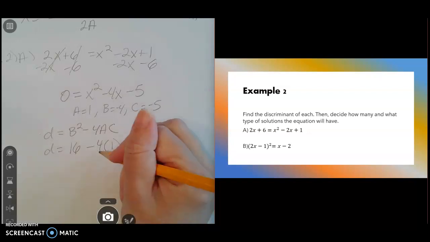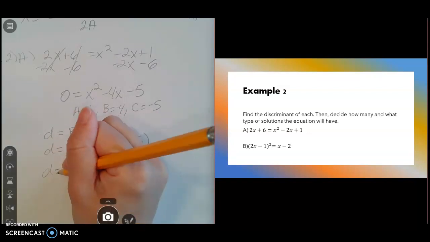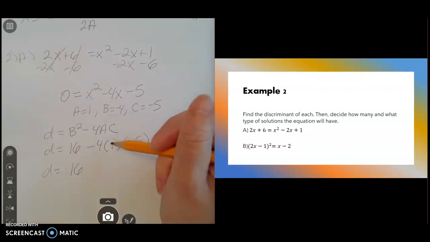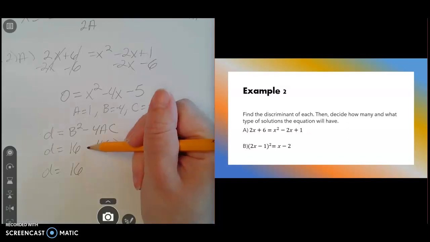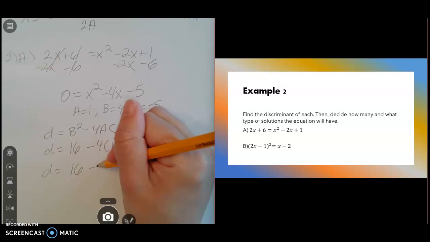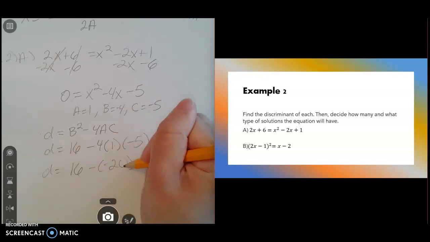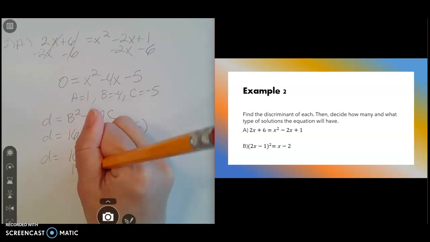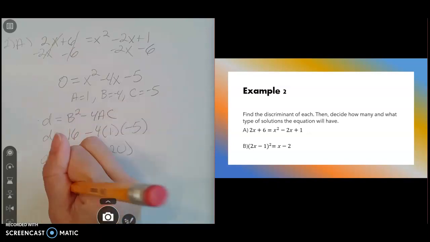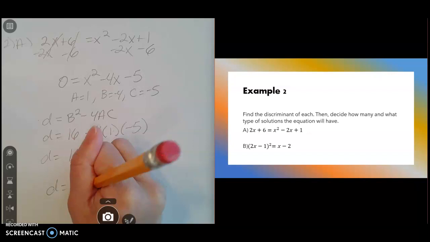All right, I'm going to do multiplication before subtraction. So 4 times 1 is 4, and then that 4 times negative 5 is negative 20. Then I'm going to subtract negative 20, which is the same thing as adding positive 20. 16 plus 20 would give us a discriminant of 36.